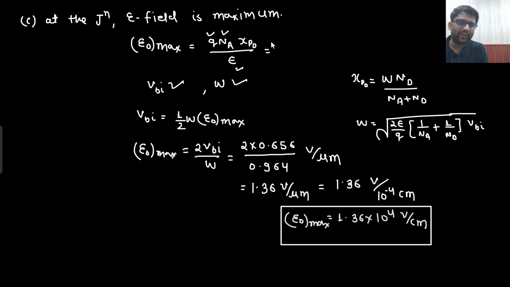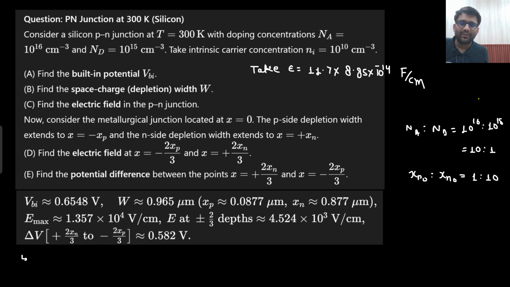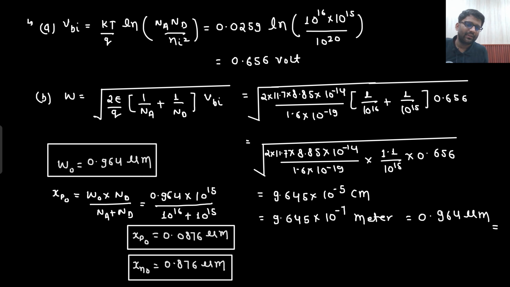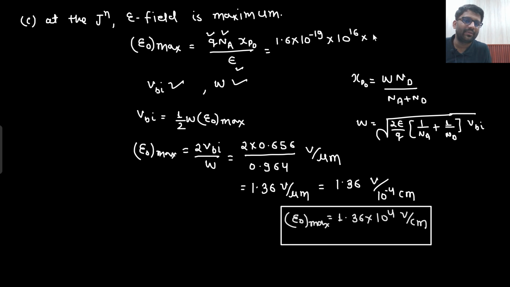From here also you could have found it. 1.6 into 10 to the power minus 19, the Na value is 10 to the power 16, and XP naught. Everything is going in centimeter, so this also I will write in centimeter only. That would be 0.964 into 10 to the power minus 4 centimeter divided by epsilon.